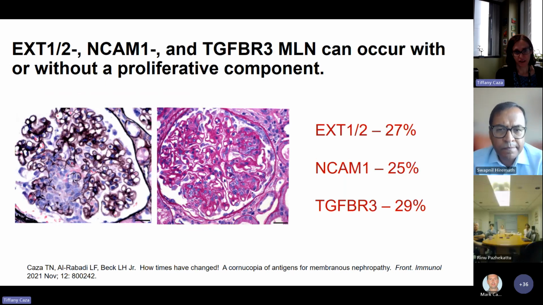Overall, all three of these can occur with a proliferative component. So in addition to membranous lupus nephritis, you can have a focal or diffuse lupus nephritis in about 1/4 of cases. These would be associated with a worse renal prognosis, but even EXT cases with a proliferative component tend to do pretty well.